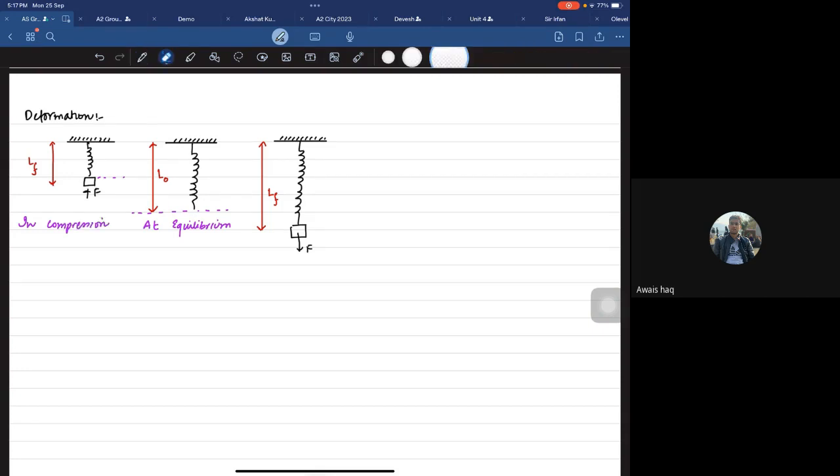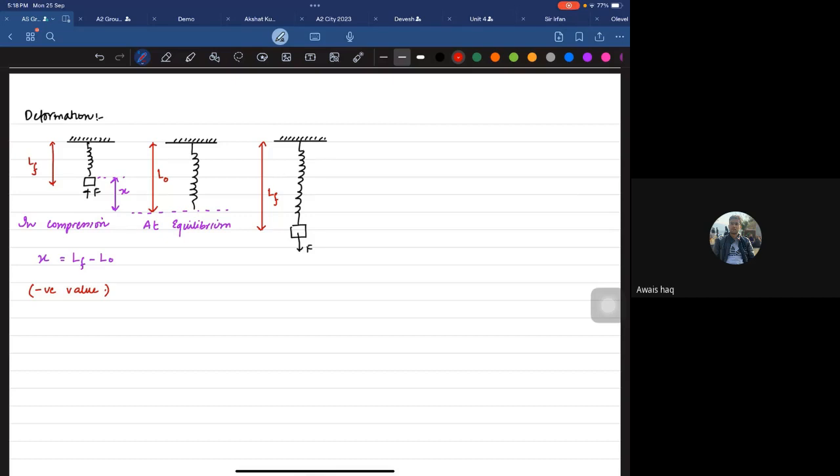And you can know this by simply finding the extension x, which is LF, the final length, minus the initial length. And remember, this is going to give you a negative value, because in compression the initial length will be higher than the final length. Do you guys get it? Yes. Good.